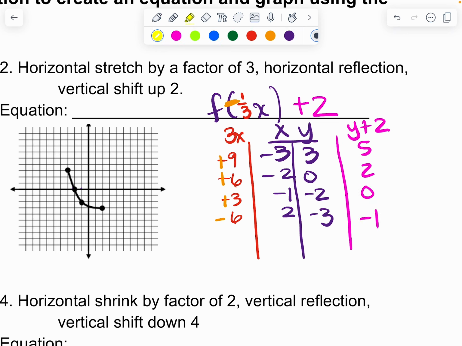So then I plot my points. So I have 9, 5. So 1, 2, 3, 4, 5, 6, 7, 8, 9. 2, 3, 4, 5. Okay. And then I have 6, 2.